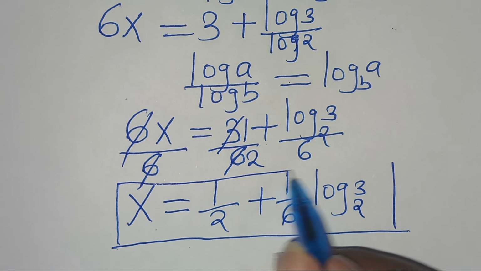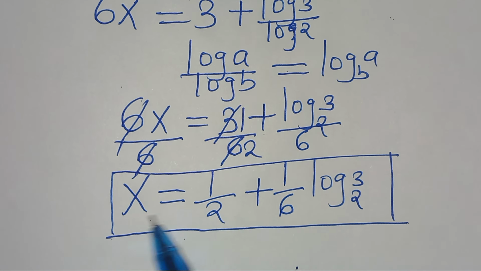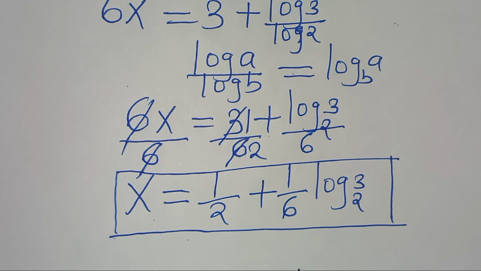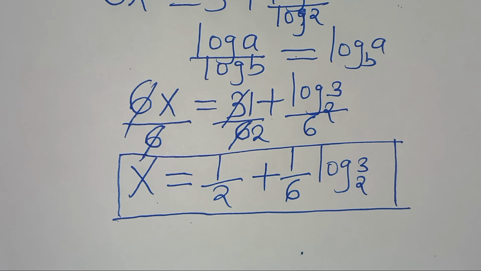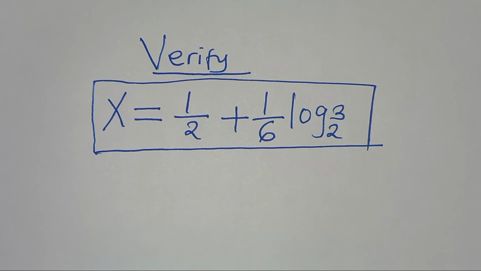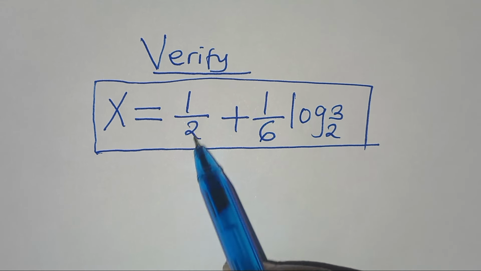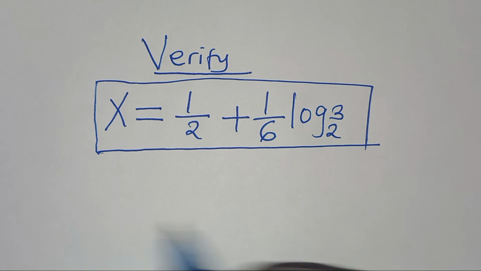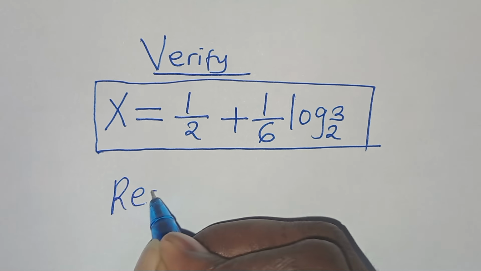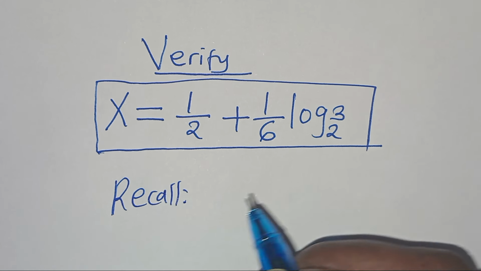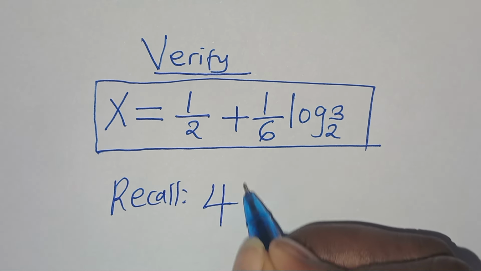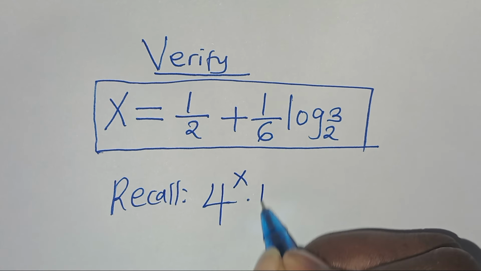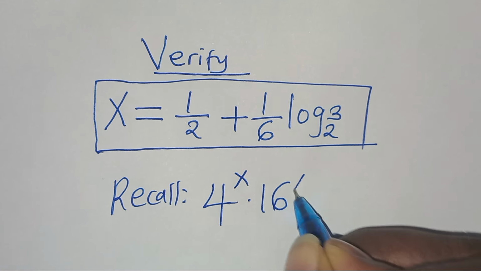Now, the next step from here is to verify that this value of x satisfies the equation as follows. Let's verify that the value of x here satisfies the equation. So, if you recall, we have that 4 to the power of x multiplied by 16 to the power of x.